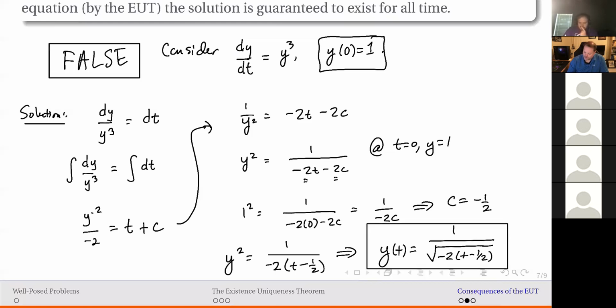So I want you to tell me, what is the domain of that solution? We're starting at 0. How far can I extend the solution? In other words, what is that solution's interval of existence?